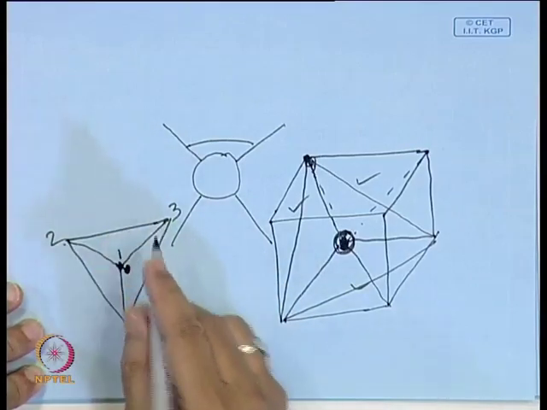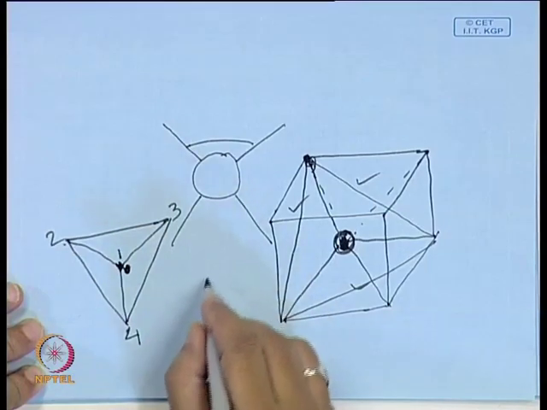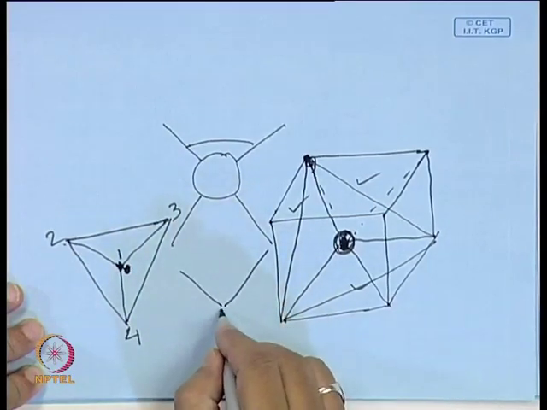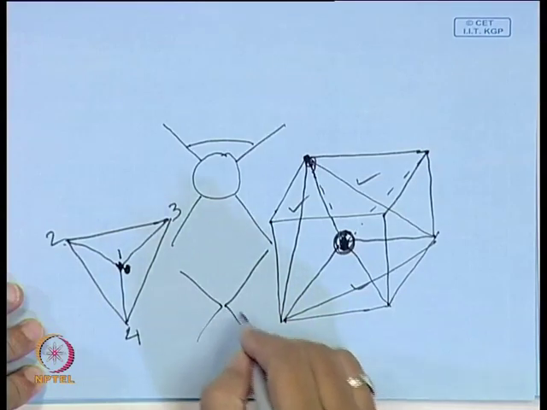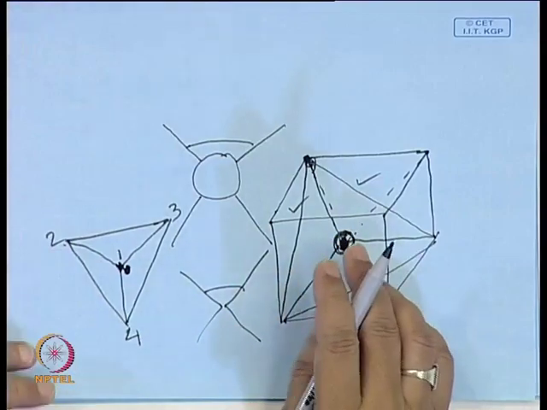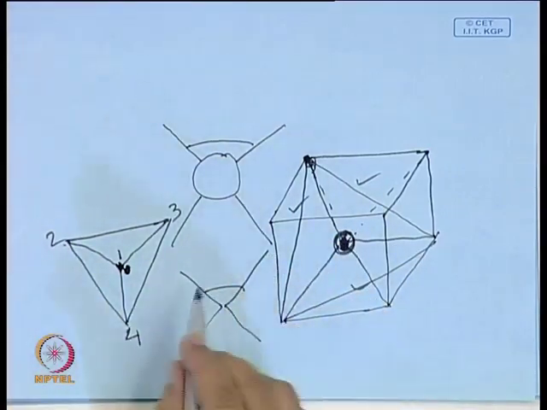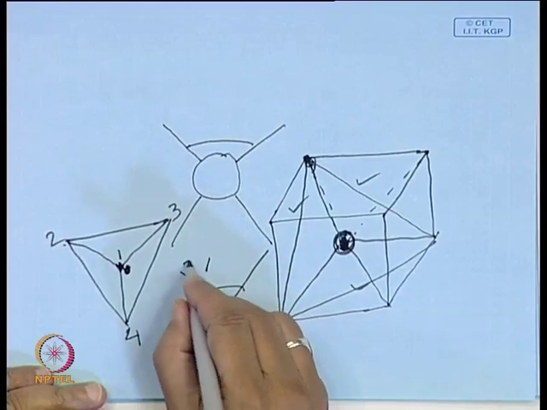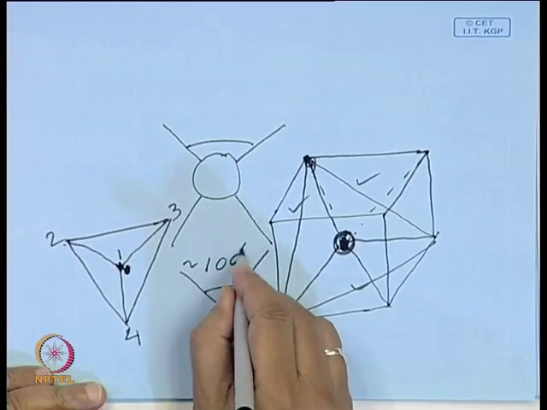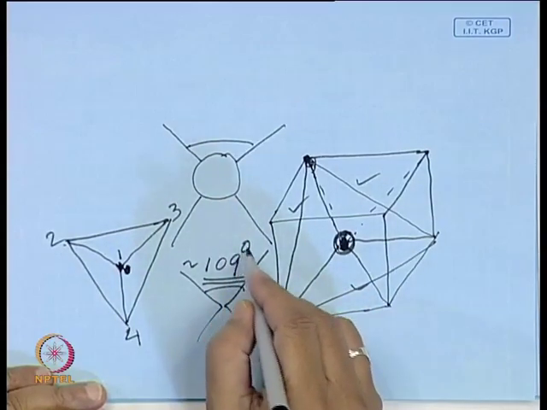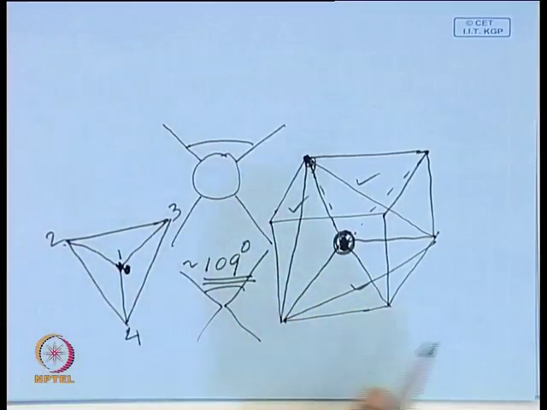So, you have 4 bonds and try to find out what should be the angle between these 4 bonds, which are equal, presented at equal angle but in 3 dimensions, and you will find this angle comes to around 109 degrees. Once we go through crystallography, you will get an idea why this happens.